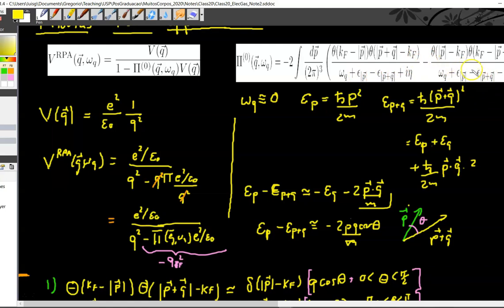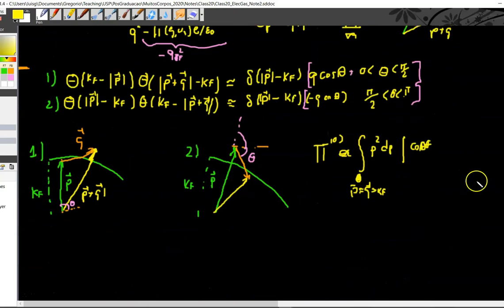In the denominator, there will be something proportional to cosine of theta, divided by m. So here would be something like PQ cosine of theta. There will be an m multiplying, but this is the integral in cosine of theta, so I can do it.